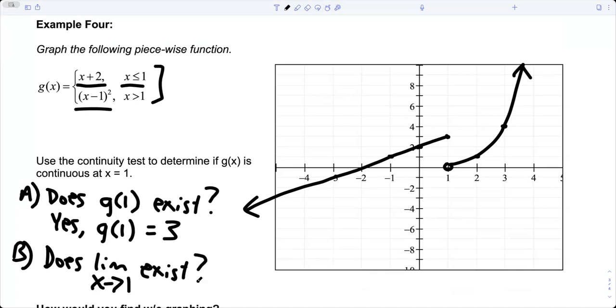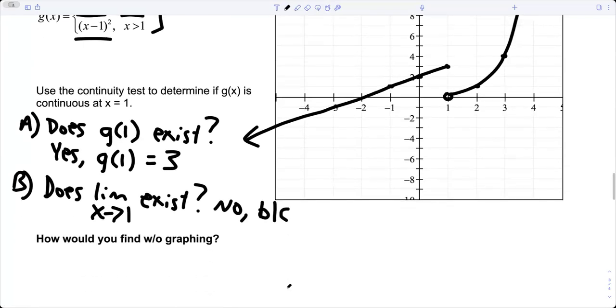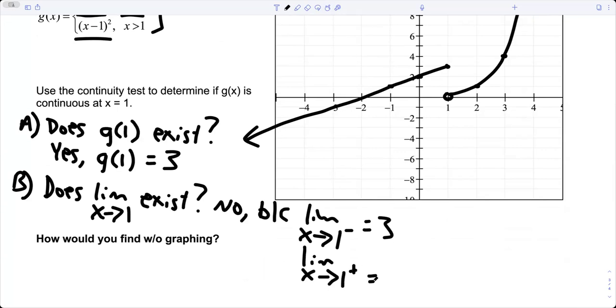And the answer to that is no, because the limit as x approaches 1 from the negative side is equal to 3. And the limit as x approaches 1 from the positive side, what's it approaching from the positive side? It's approaching 0.